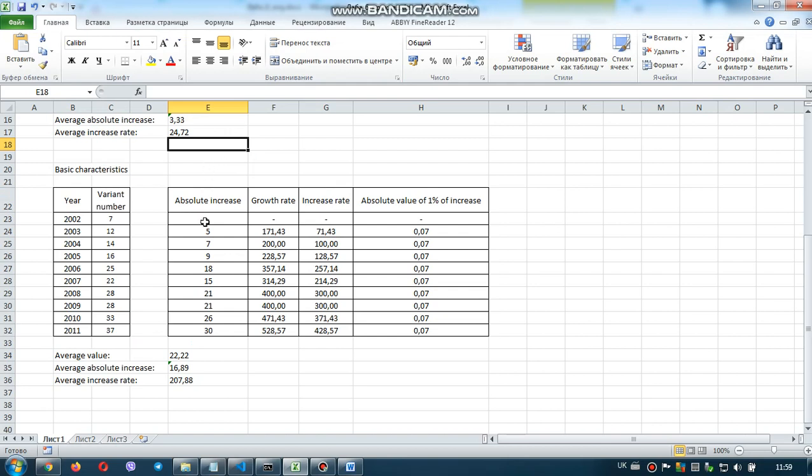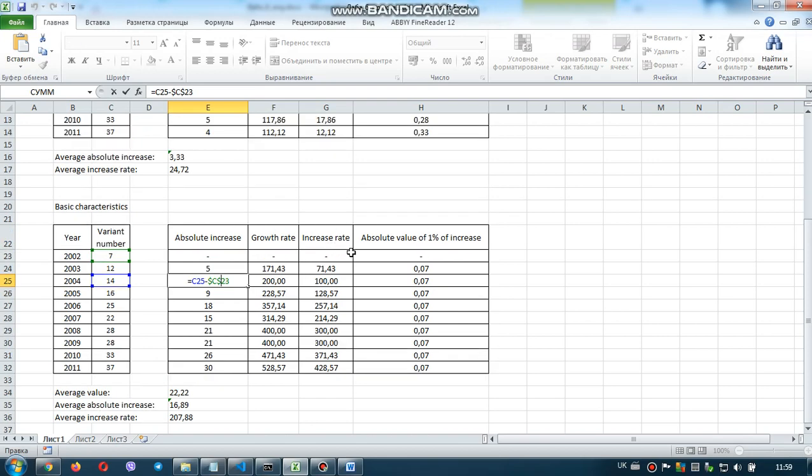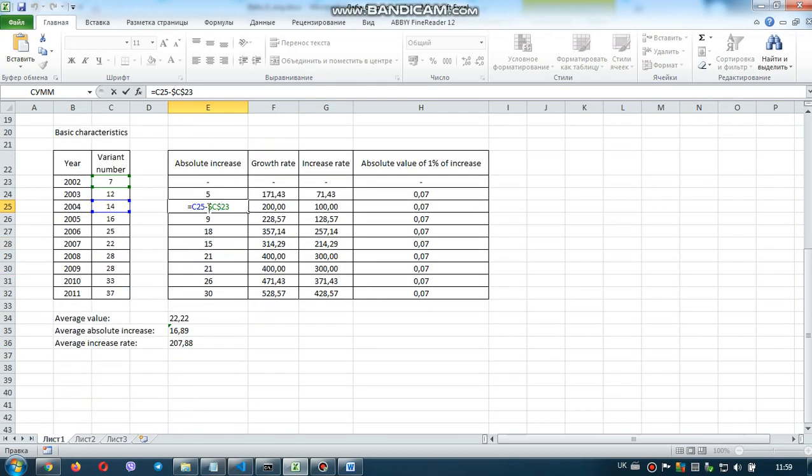It looks like this. We carry out the same calculations, but we consider in the formulas the first y value, and don't forget to fix this value with the help of the F4 key.